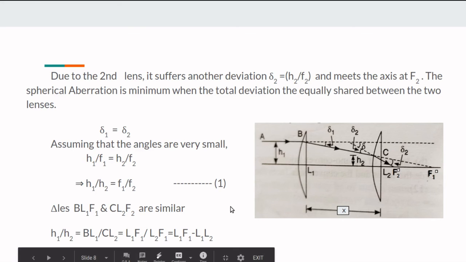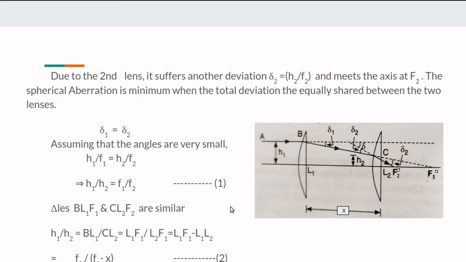The properties of similar triangles are: first, if the three angles in the two triangles are the same, they are similar triangles; and second, the ratios of corresponding sides are equal.